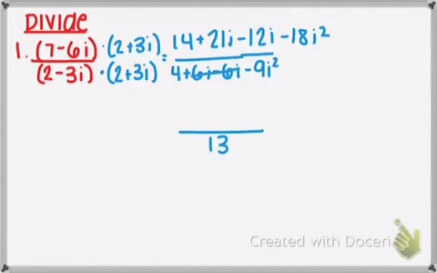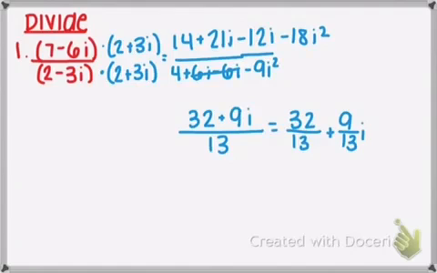Negative 18i squared would become positive, so 14 plus 18 giving you 32 on the top, and the 21i minus 12i giving you plus 9i on the top as well. And then you separate them, so it'd be 32 over 13 plus 9 over 13i. And that'd be the answer for number 1.